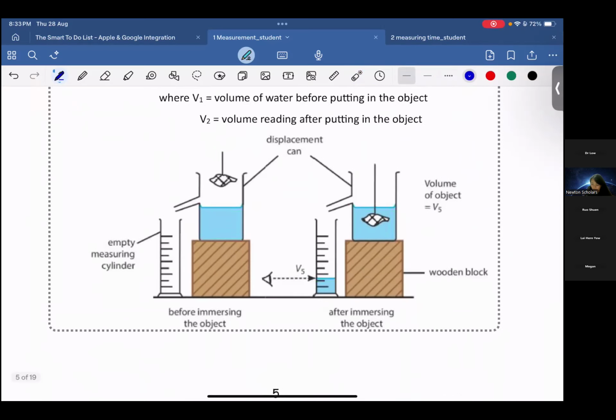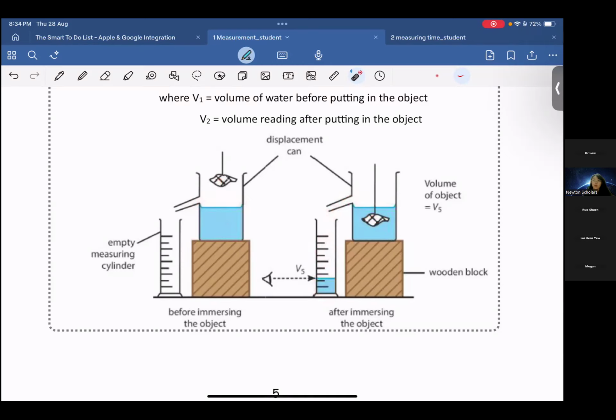Another method we can use is the Eureka can, or we call it the displacement can. Initially there is some opening here, some hole. Then we pour the water until it's exactly at this point. Once you add the object in, the water will be displaced out.